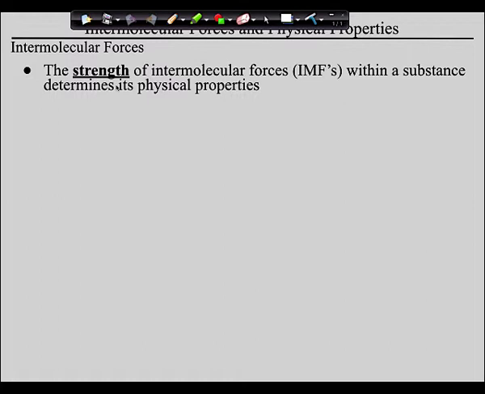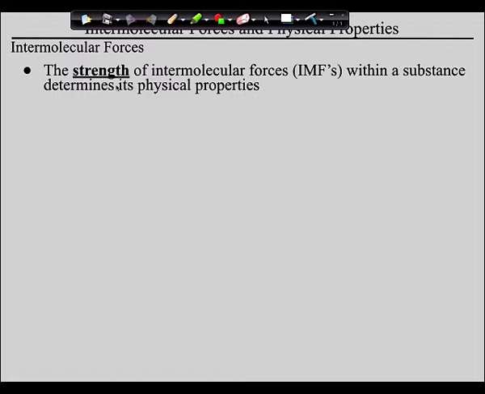Guys, what we're going to do is we are going to look at how the strength of the intermolecular force determines the physical properties of the substance. So substances with strong intermolecular forces will behave in one way. Substances with weak intermolecular forces will behave differently.